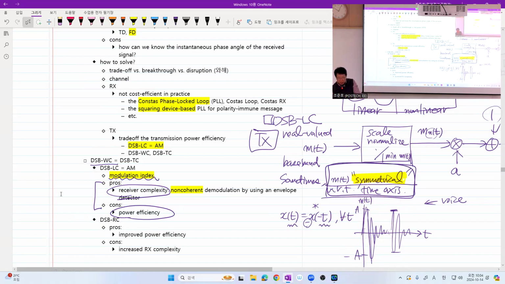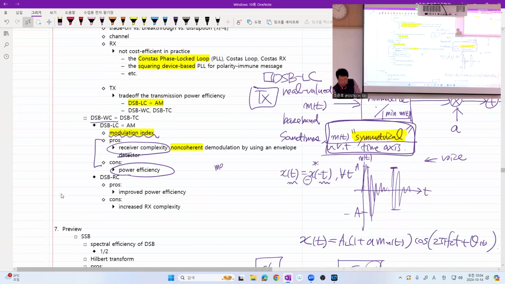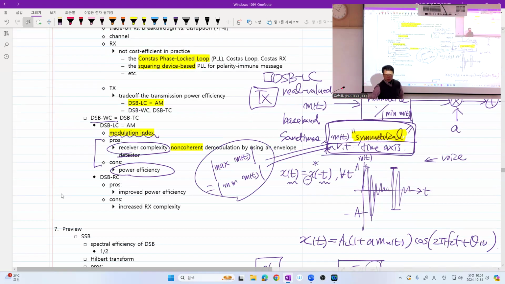In that case, your trick is that you have max of m of t equals mean of m of t to be used in your derivation. And you can show that the highest power efficiency for a message signal that has this symmetry property is a square wave type thing.